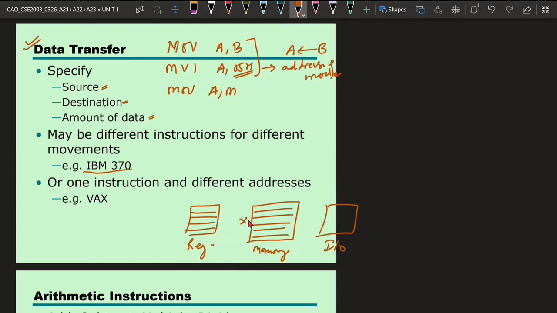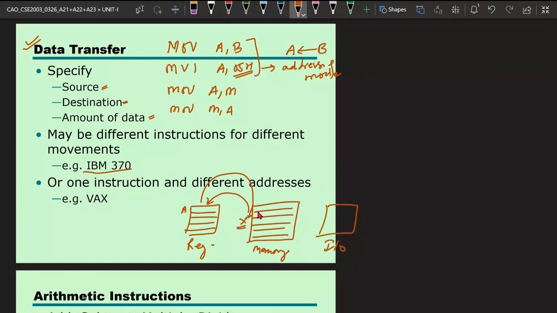So the content of the memory location represented by X is stored in M, and from the M location we move it to a particular register A. Similarly, if we use MOV M comma A, then from A to this location we will be moving the data.